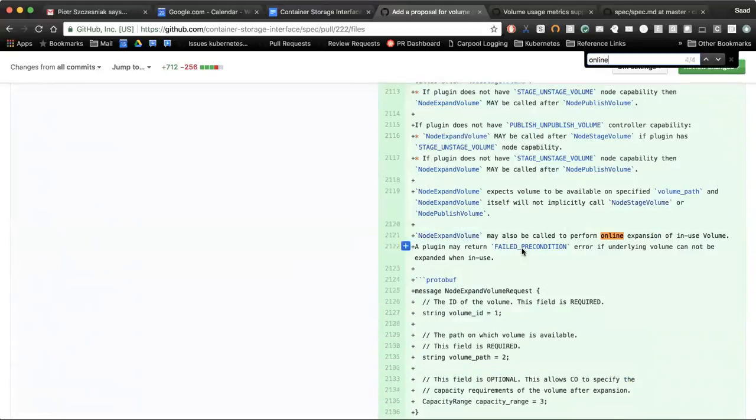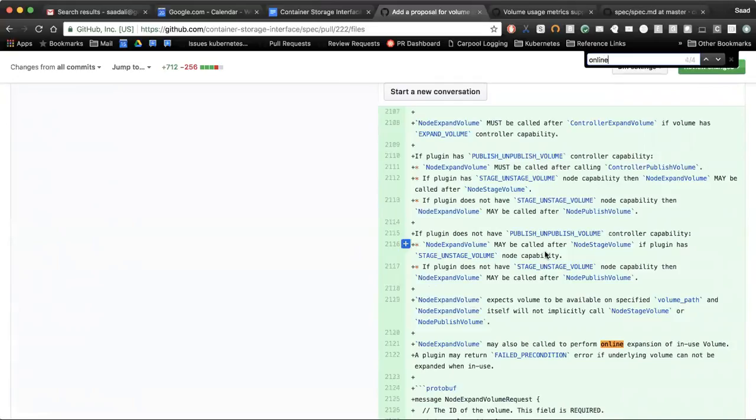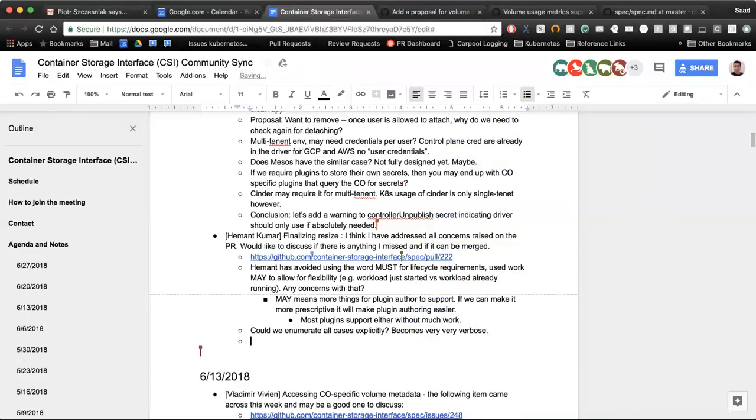So actually, I was wondering, could you give me an example of a workload that is already running and someone resizes the volume? Is it that the workload itself wants to resize the volume, or someone else alters the volume size and then the workload detects that resize and uses more disk?